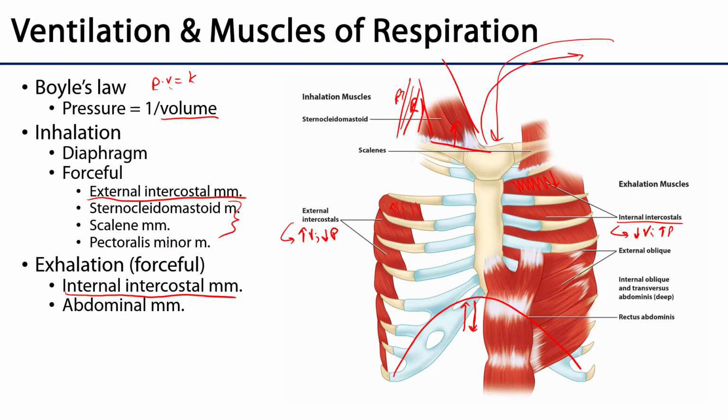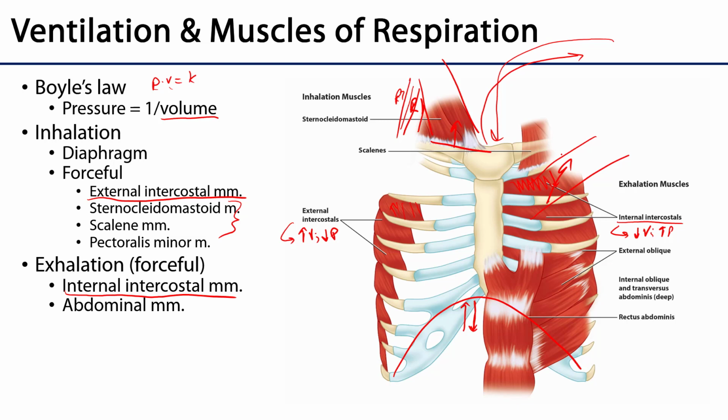And then pectoralis minor. Pectoralis minor is, when it contracts, going to elevate the ribs that it attaches to and pull them superiorly and outward, basically the same function as the external intercostal muscles.